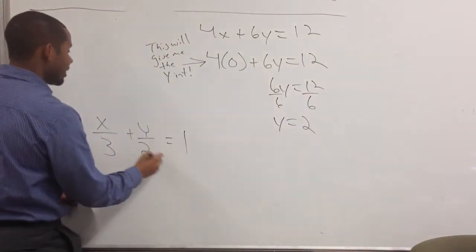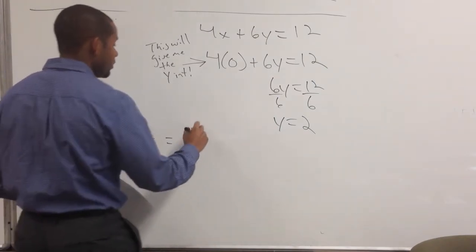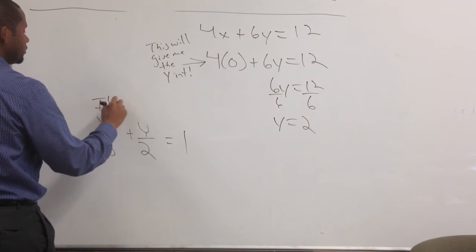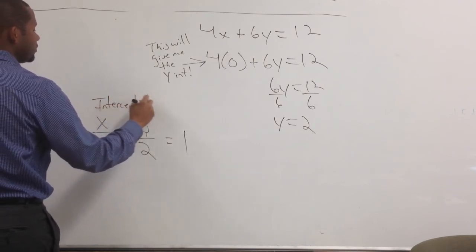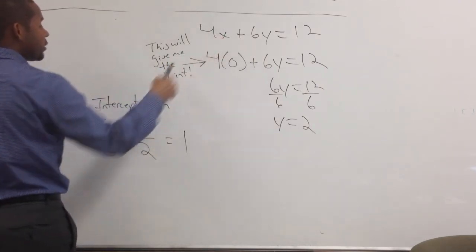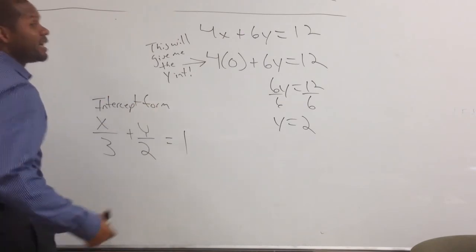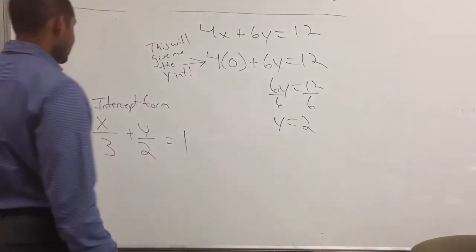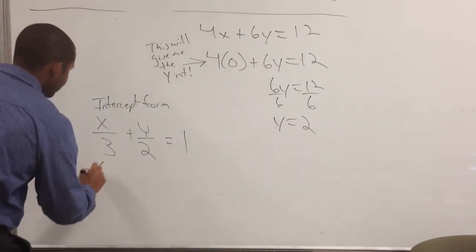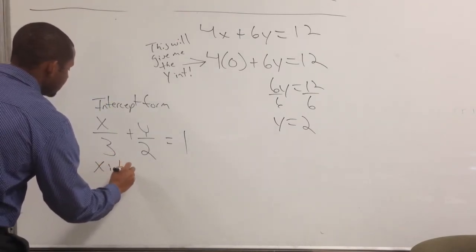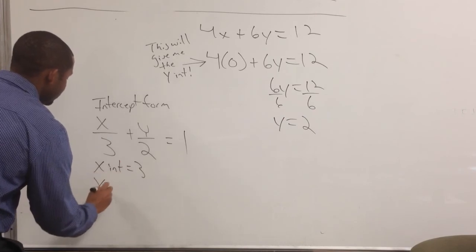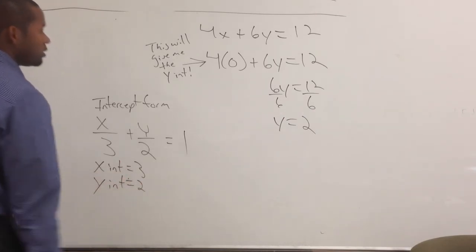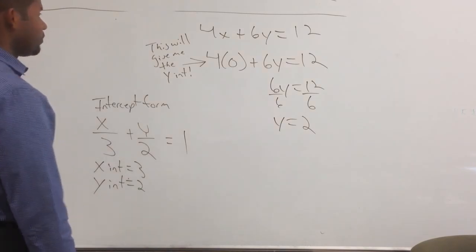So the y-intercept is 2. So here's this equation in intercept form. And if I ask you specifically, what are the intercepts? Well, the x-intercept equals 3. The y-intercept equals 2.